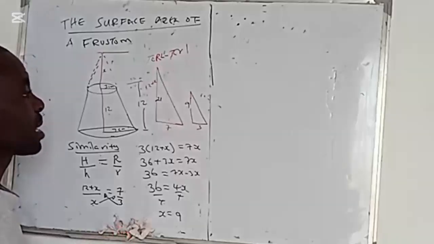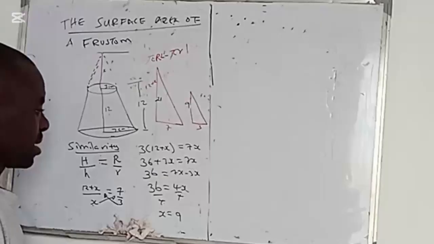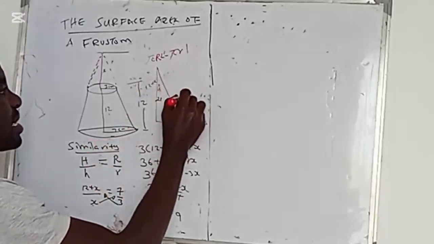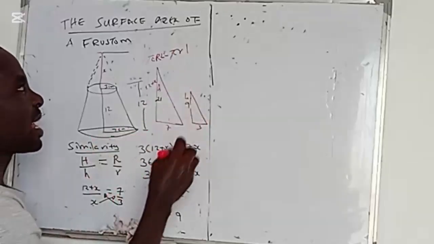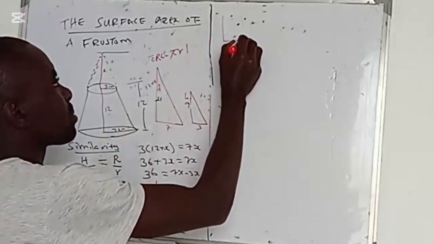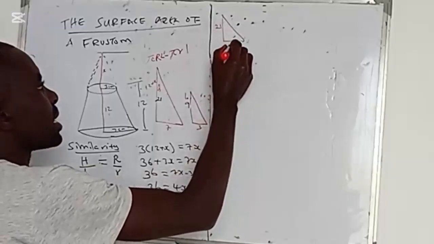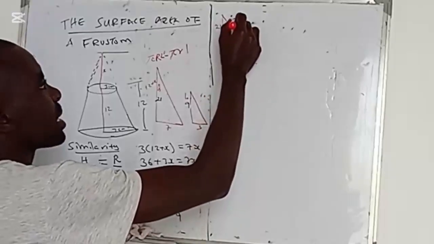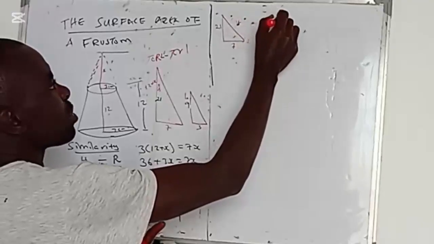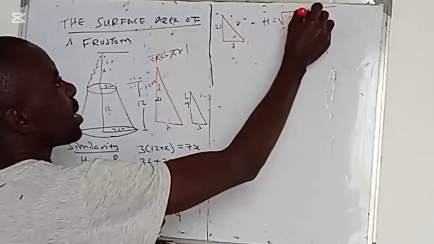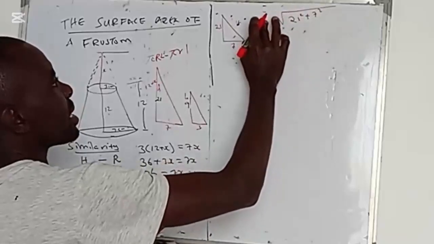But have we found our answer? No, because this is h and this is h, and we want L. So after we complete that, we use Pythagoras theorem. If this side is 21 and this side is 7, our hypotenuse will be given as the square root of 21 squared plus 7 squared.